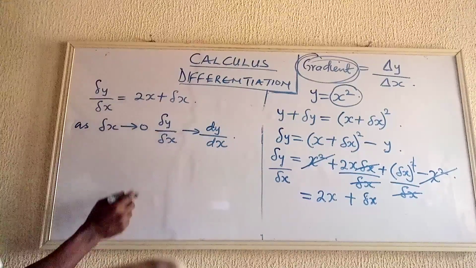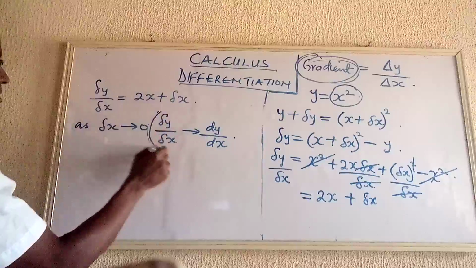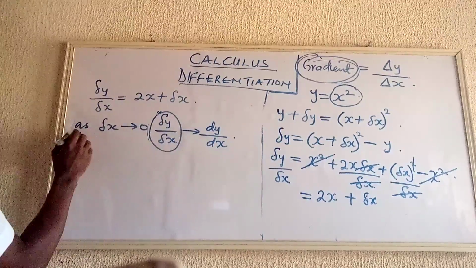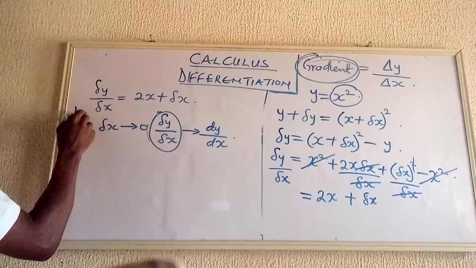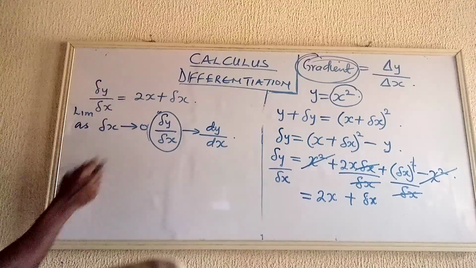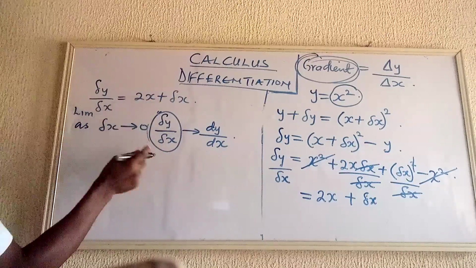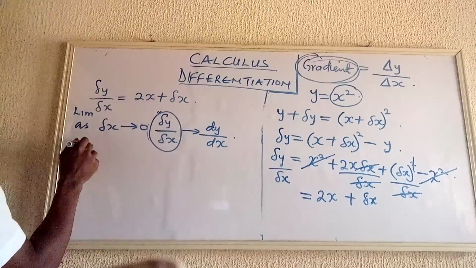It means that for this to become this, which is the limit of this, anywhere we see delta x, we use 0 to replace it.